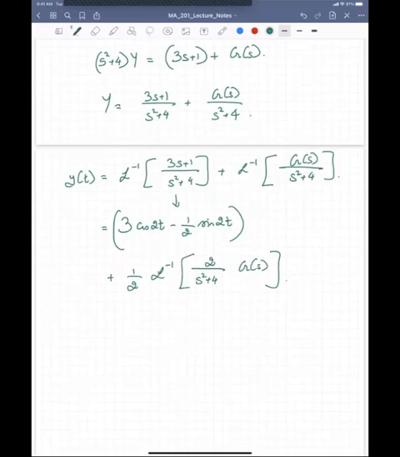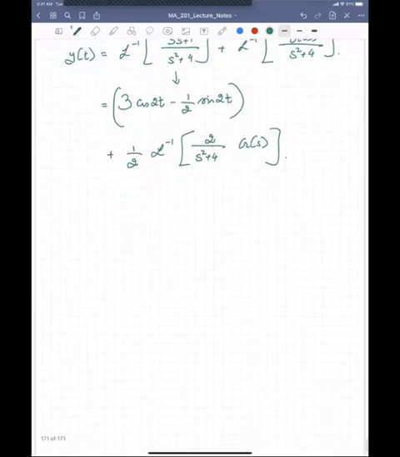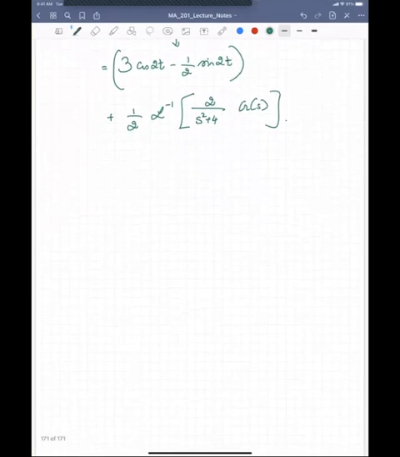Now, capital G of s is some very difficult thing. Let us say e to the minus s times, I don't know, 1 over s squared plus 5 times some complicated polynomial, whatever it is. Suppose I give you something very mean and evil. You don't have to know what the inverse Laplace transform of capital G is. You can simply use convolution because you have factored this into two. You know what this guy is, right?